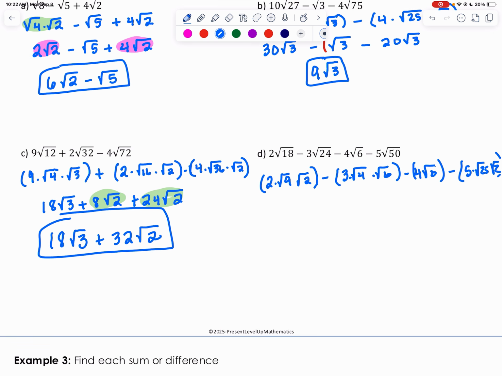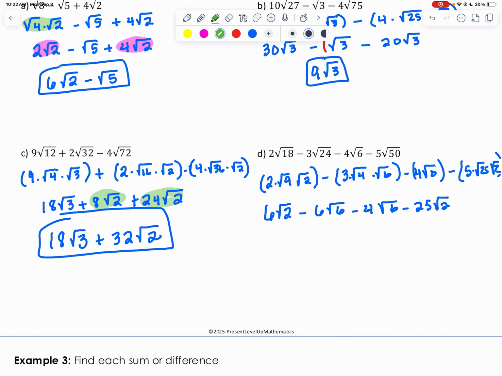So square root of 9 is 3. 2 times 3 is 6 square root 2. Minus square root of 4 is 2 times 3 would be 6 square root 6. Minus 4 square root 6. Minus 25 square root 2.